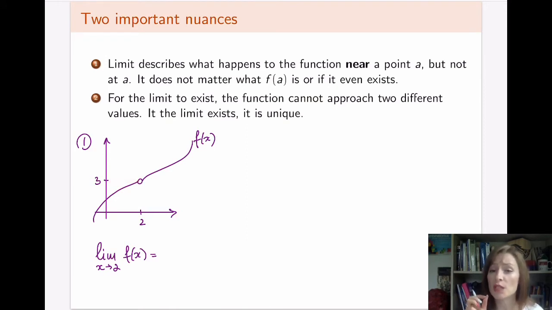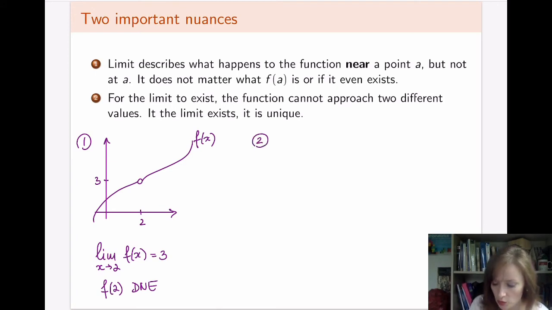It doesn't actually have to equal that value. It just has to equal it in the limit, so as it approaches it. So here we can see that it will approach 3, although it will never get to 3. And that's okay. But also notice, for example, that f of 2 here does not exist, right? There's a hole there, so the graph itself doesn't exist, but the limit value does.